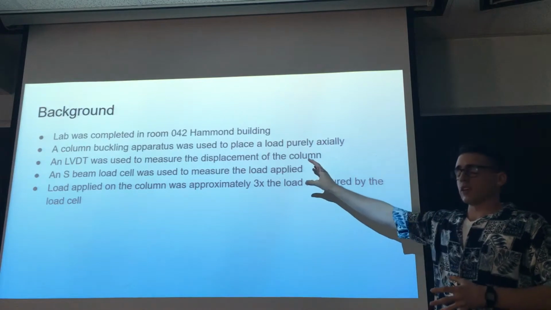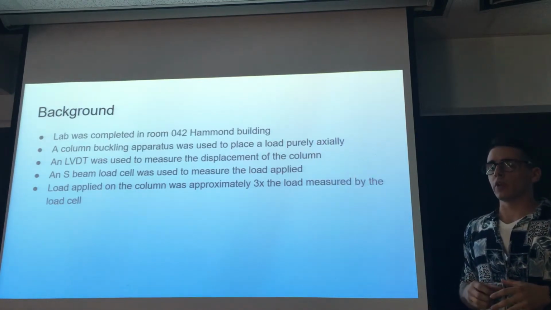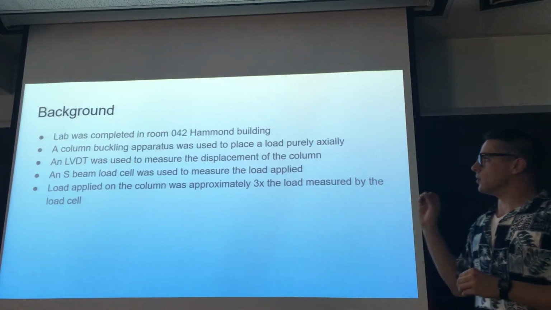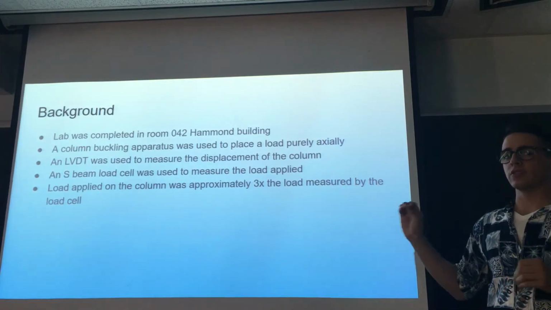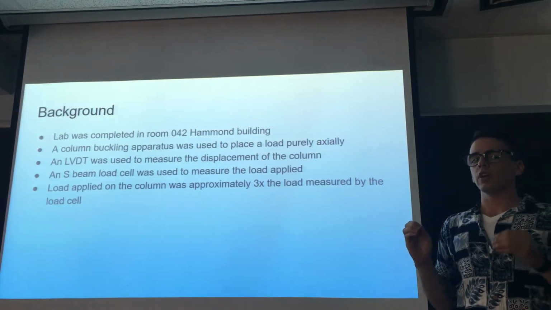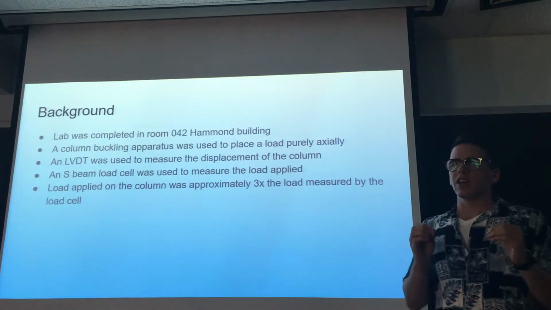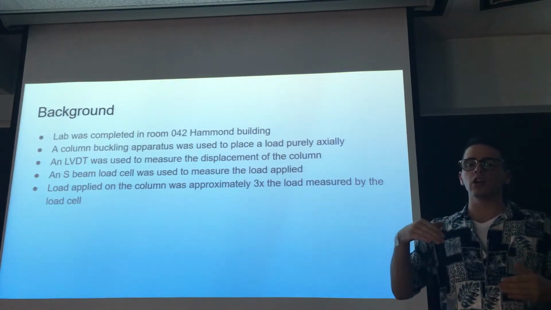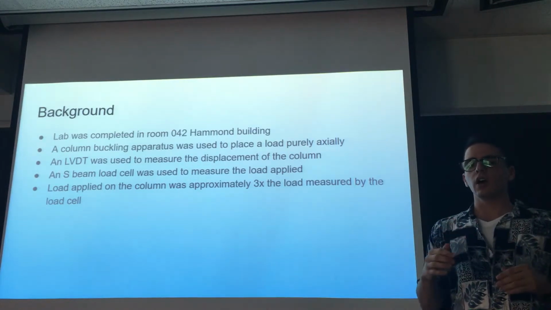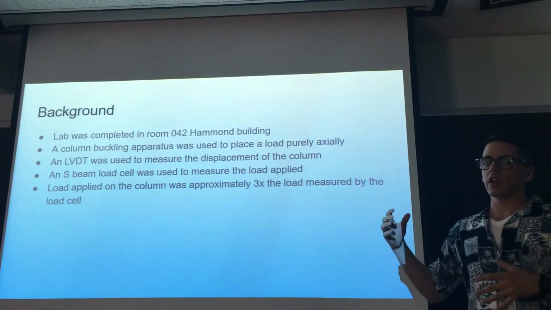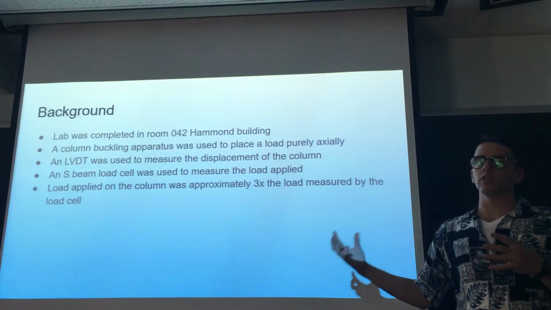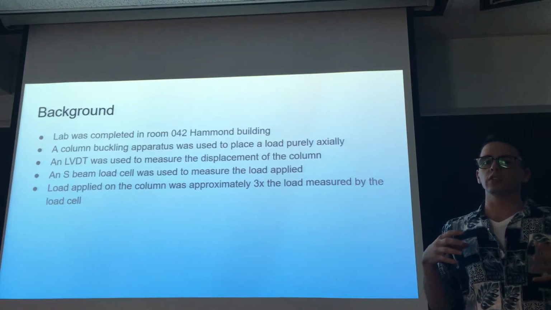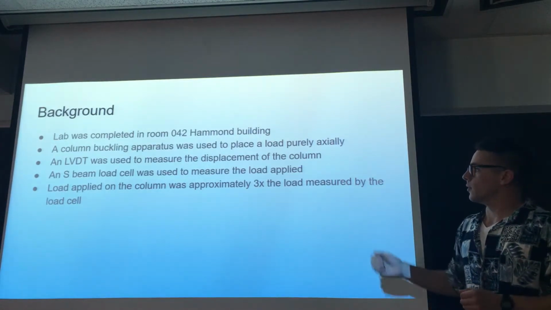So, as an overview, the lab was completed in room 42 of the Hammond building. We used a column buckling apparatus to ensure that the load was applied purely axially, because if you have any other forces in there, if you have a moment on there, it's going to cause the column to buckle prematurely, which will have our data show that the critical load is much lower than it actually is in reality.